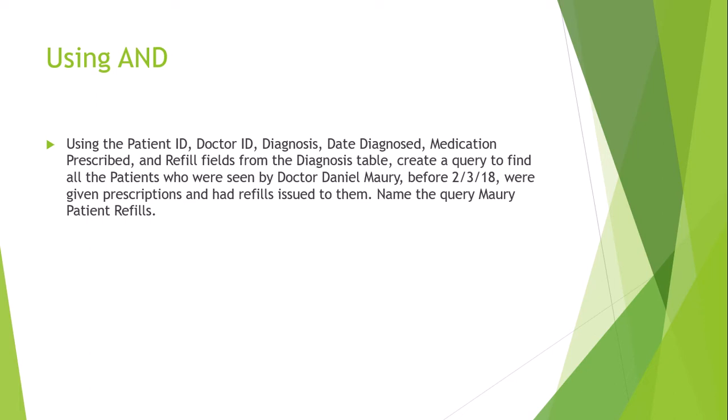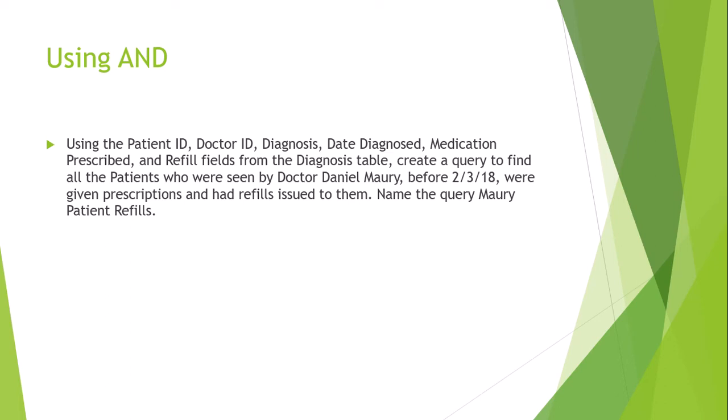Now, when you want to think about this, let's just say you're looking for a person by their first name and their last name. You don't mutually exclude the first name from the last name when you're looking for that person. You put them both together.